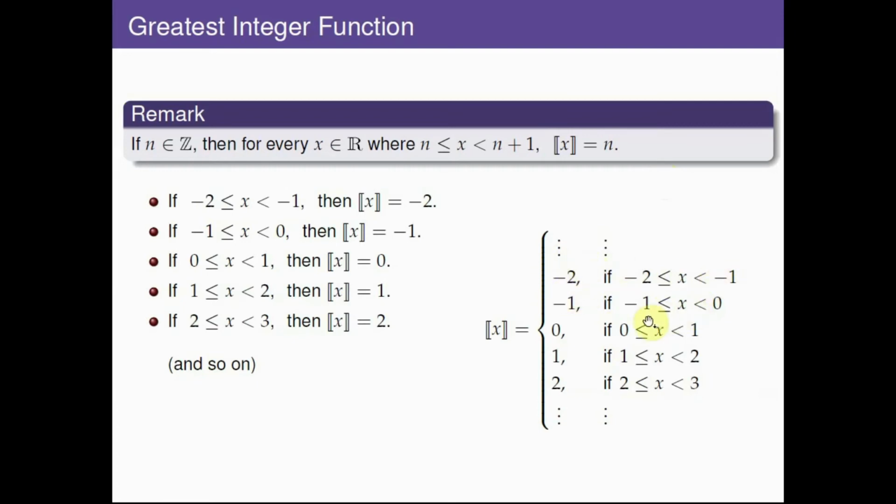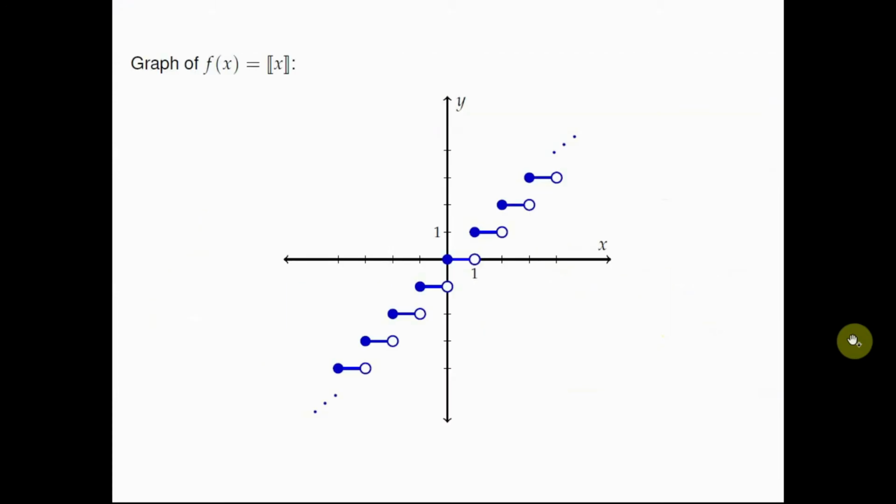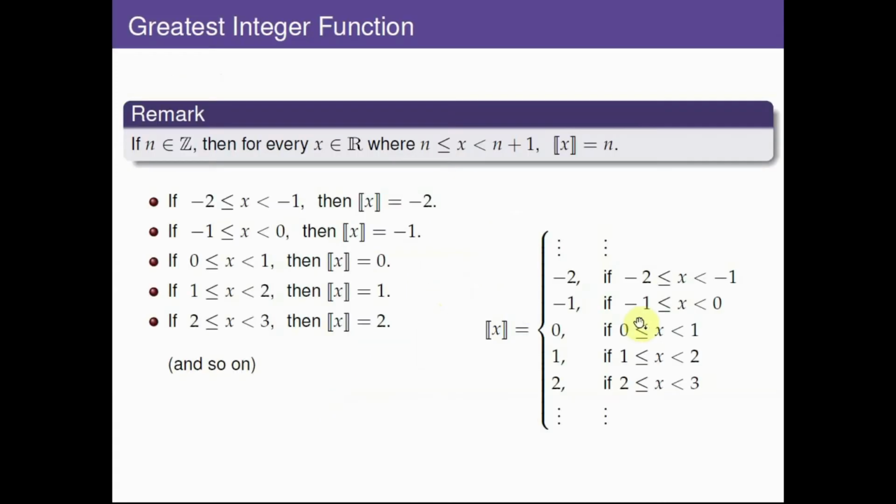Kapag x is between negative 1 and 0, siya yung line na y equals negative 1. So, pag ginraph natin yan, magmumukha siyang ladder. Mukhang hagdan. Tapos, sa kaliwa, may filled na hole. Sa kanan, hollow siya, dahil dun sa inequality natin. Okay? Na dito is strict inequality.